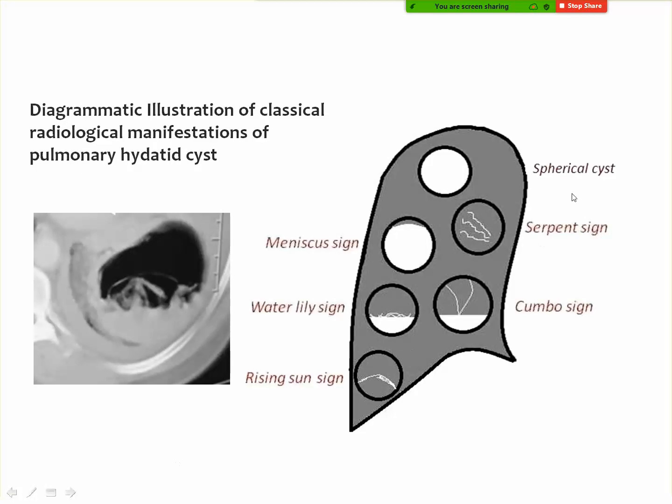There are a lot of signs describing the hydatid cyst everywhere in the body. And these signs are summarized in this figure.